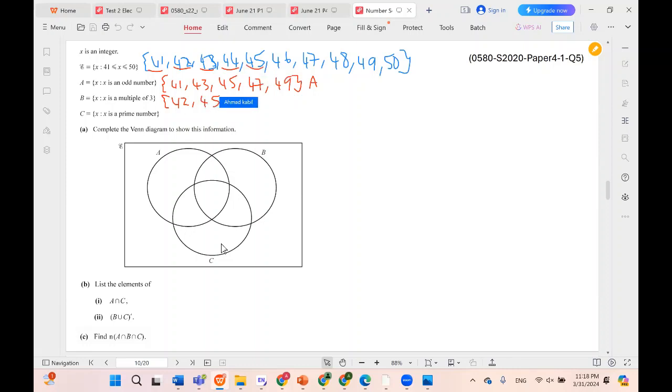So 45 would work. 4 plus 6 is 10. 4 plus 7, 11. 4 plus 8 is 12. 12 is divisible by 3. So we can write down 48. And then 4 plus 9 is 13. So that doesn't work. And 5 plus 0 is 5. So that does not work either. So these are the numbers.